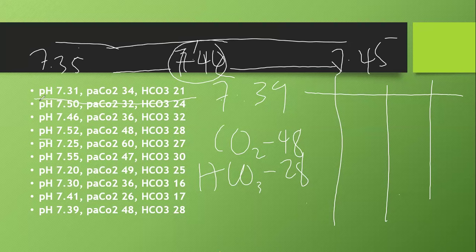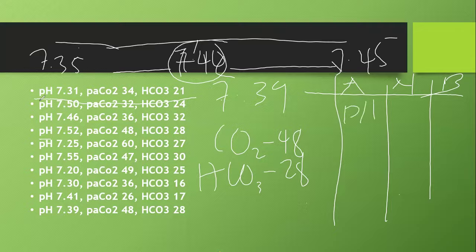Do we get it? Yes, sir. So let's put our acid here, our normal here, our base here. Even though the pH is normal, it is still towards the acid, so we put it under acid.